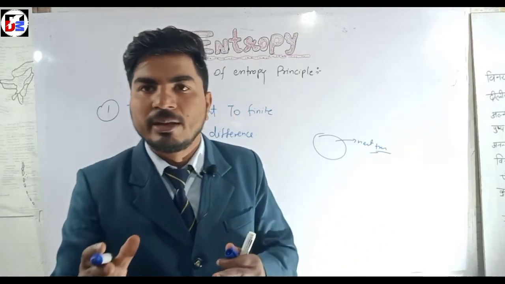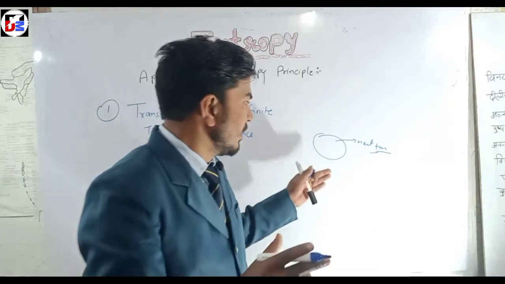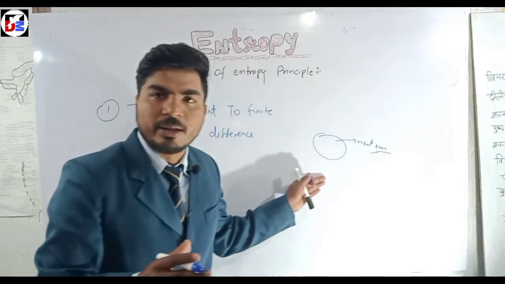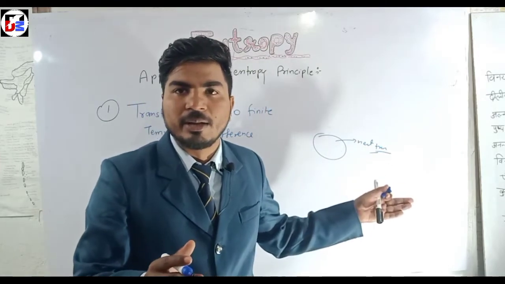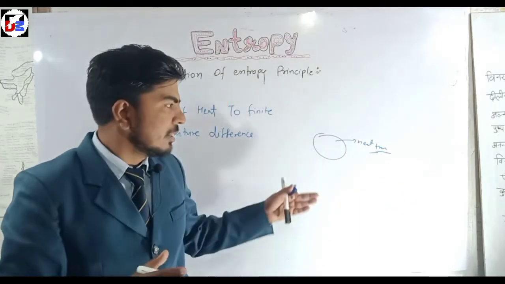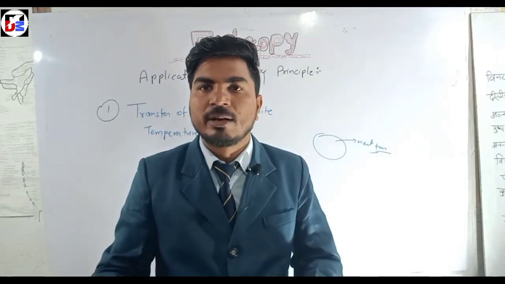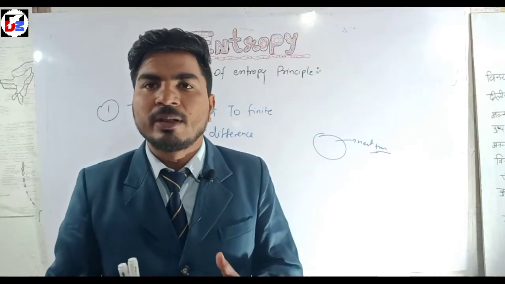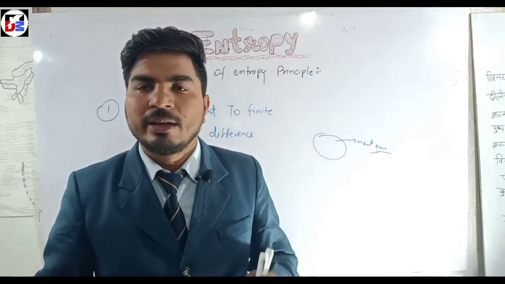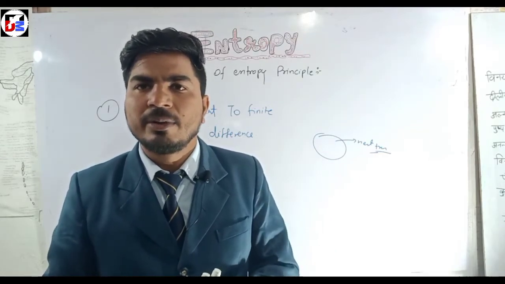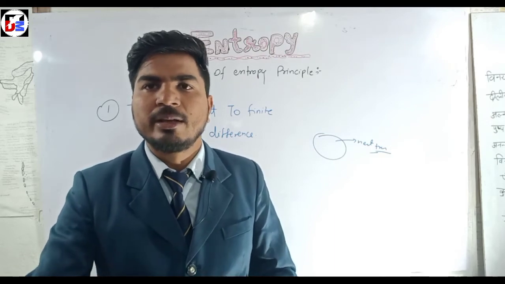There is only one thing that is possible: either the process is reversible or irreversible. If the process is irreversible, then the entropy of the universe is always increasing, and the process occurs. Actual processes are always irreversible, so the entropy of the universe is always increasing.